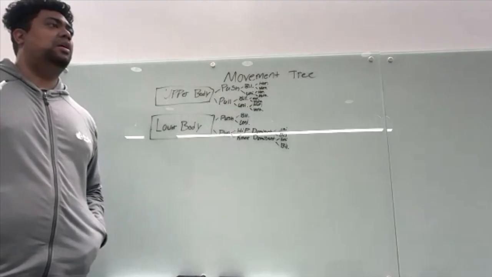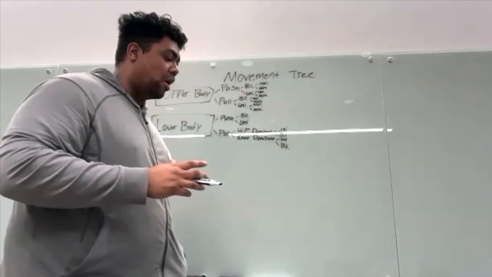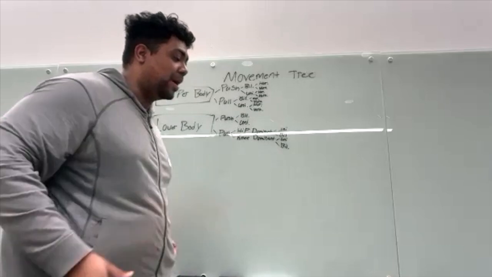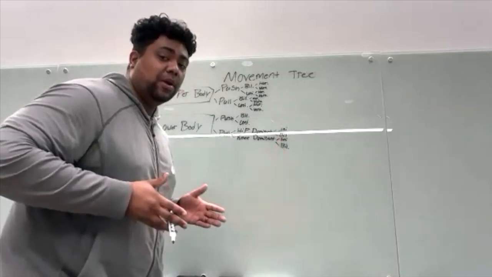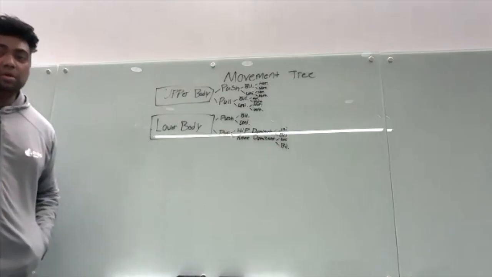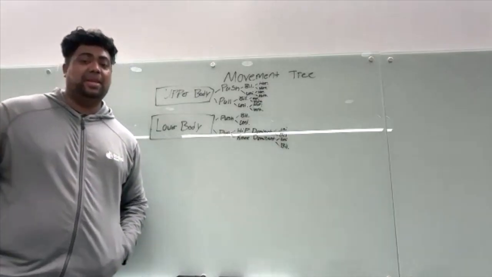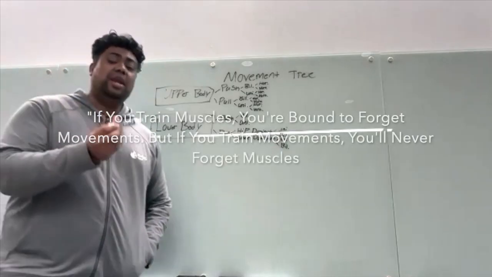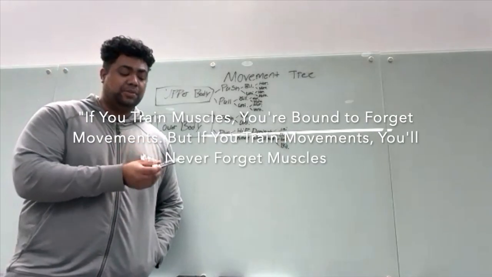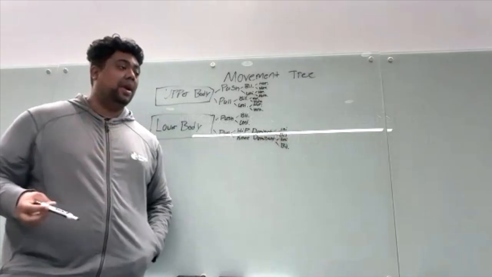We usually think about our movements in the gym in the sagittal plane. So front to back. But returning to what I said in the beginning, right? You train muscles, you'll forget movements. Train movements, you won't forget muscles, right?